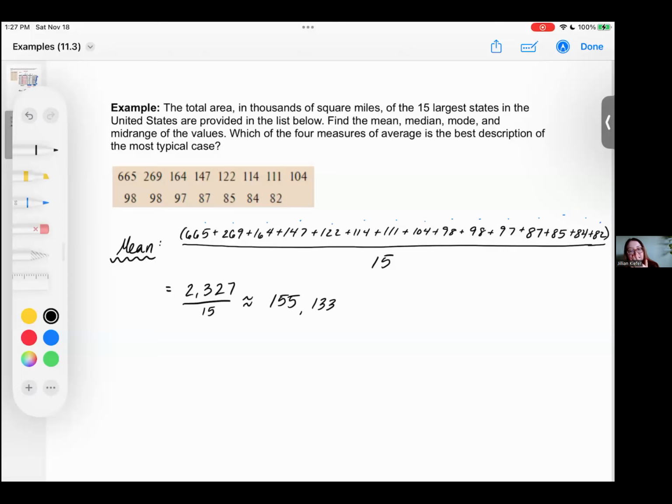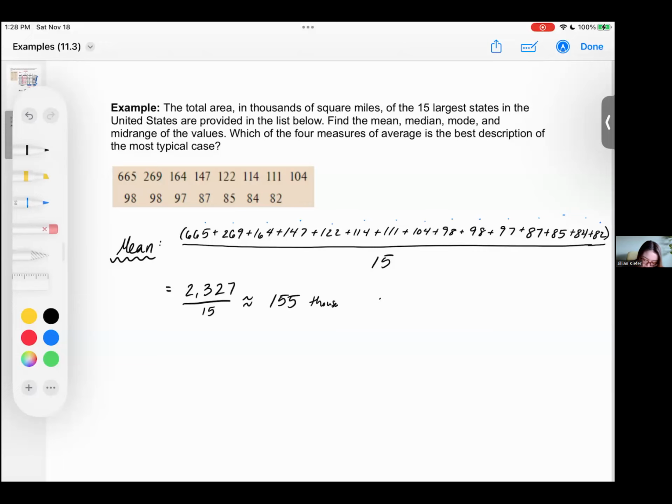So we see here that these values are all in thousands of square miles. So the 665 is really talking about 665,000 square miles. So if we want to keep this in the format of how we've been looking at all of our numbers, this would still round off to about 155,000.